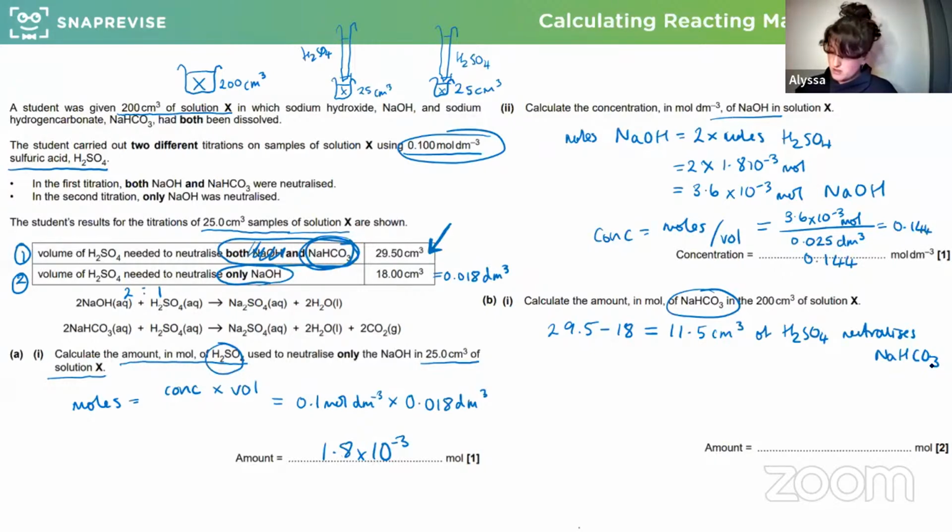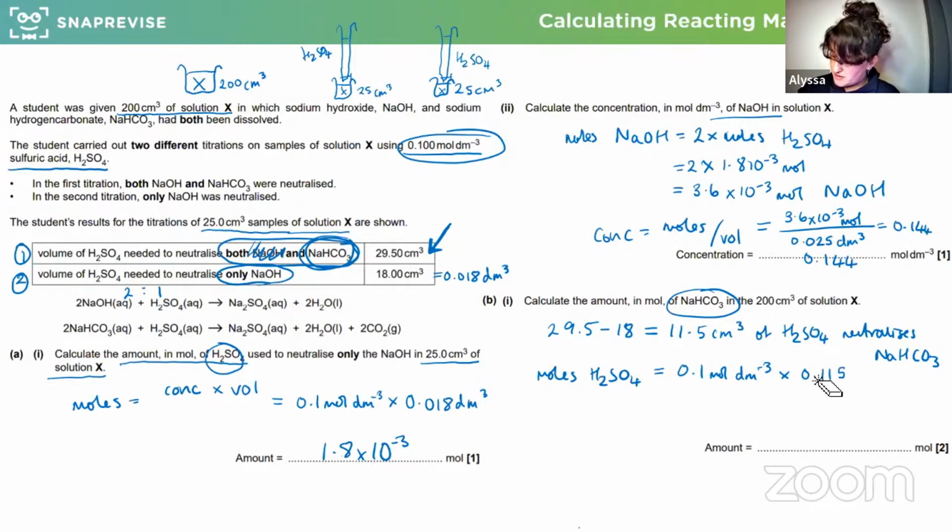If we've got that volume of H2SO4, then we can work out the moles, because moles equals conc times volume. So our moles of H2SO4 needed to neutralize the sodium hydrogen carbonate is conc times volume. We know our concentration is 0.1 mole per decimeter cubed because that's given to us in the question. Times by our volume, which needs to be in decimeters cubed.